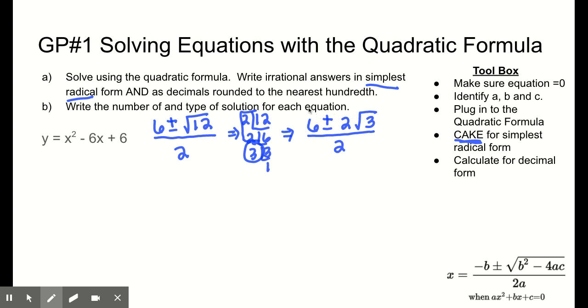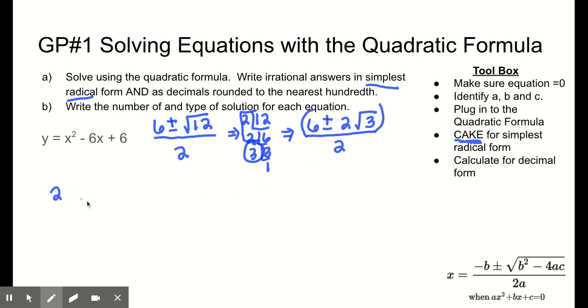Now remember, we have this binomial in the numerator. In order for us to simplify this, we cannot simplify by just crossing off the 2's. So what we want to do is factor out the GCF from the numerator. We're not going to touch the radical because we cannot divide the radical unless we have another radical. So we're looking at these outside numbers to see if there is a greatest common factor. 6 and 2 are both divisible by 2.